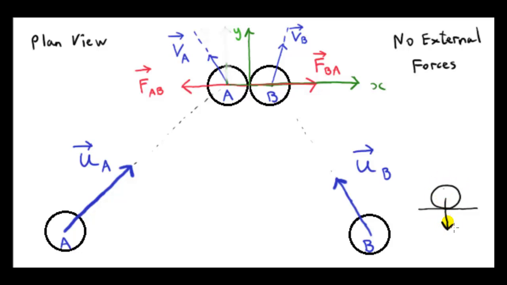We have the weight, which is vertically down, but that's counterbalanced by an equal but opposite contact force, a normal reaction. So if we add these two vectors together, we get 0. Also, we're assuming that the table is perfectly smooth, so that we don't have any friction force. As I've said several times before, this ball just slips along the table, so this point always remains in contact with the table. So the net or resultant external force is 0.